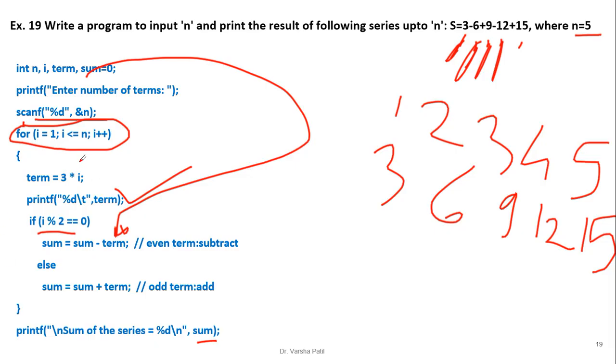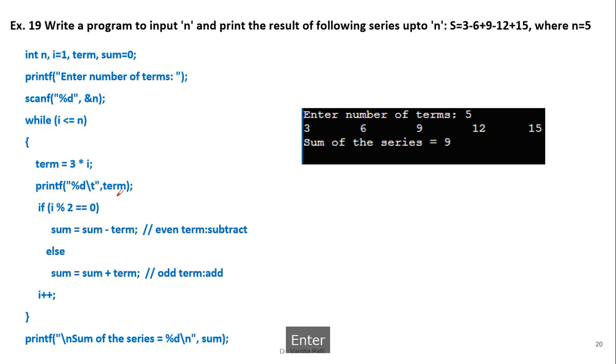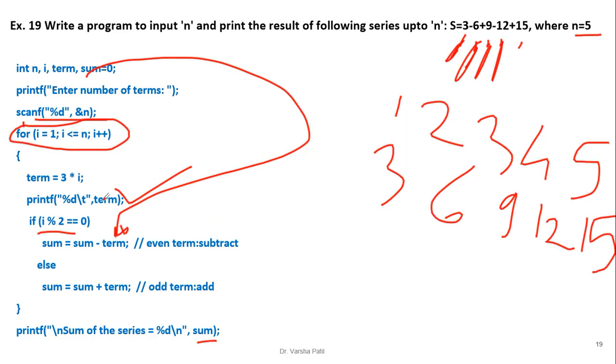Even when you are doing the program initially, make a habit of printing more statements, and once it is executing properly, just comment them out so that you can keep track of whether you are doing the program correctly or not. Even for this program, don't type the entire program. First only declare the variables, then write these two statements, and check whether n is proper or not.